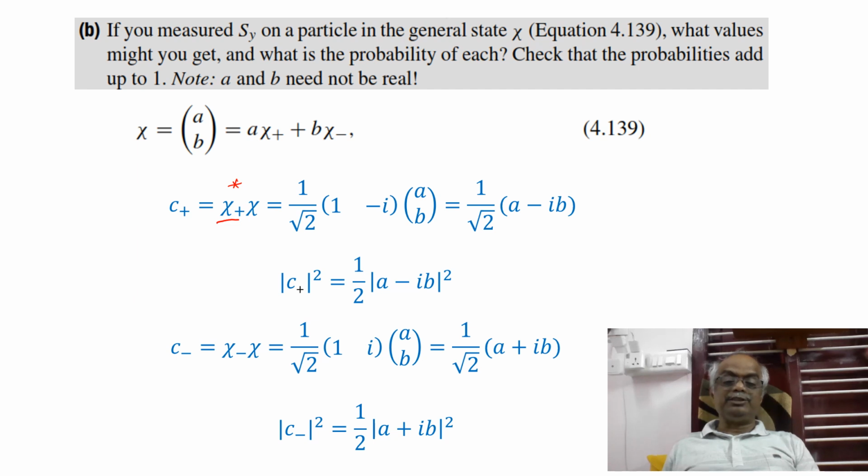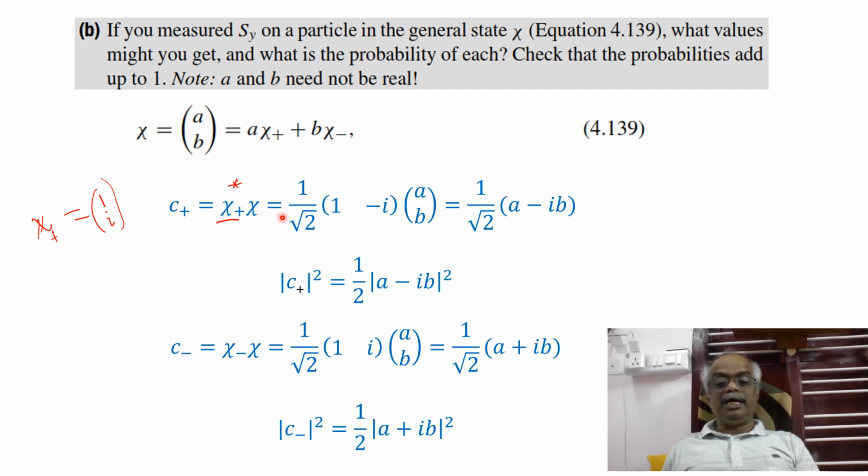So the complex conjugate of chi plus is actually the row matrix. Chi plus is equal to 1 over square root 2 times the column matrix 1, i. To take the complex conjugate, the column matrix becomes a row matrix and i becomes minus i.